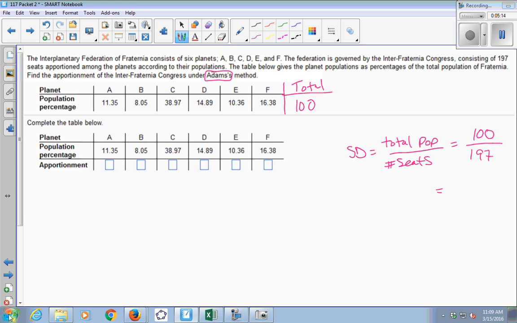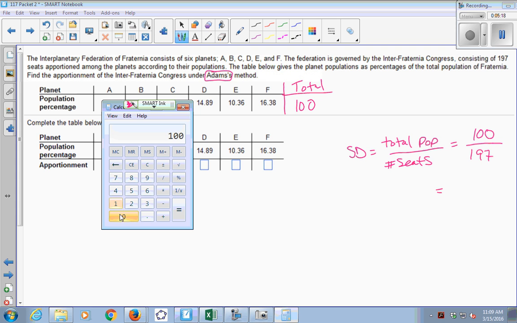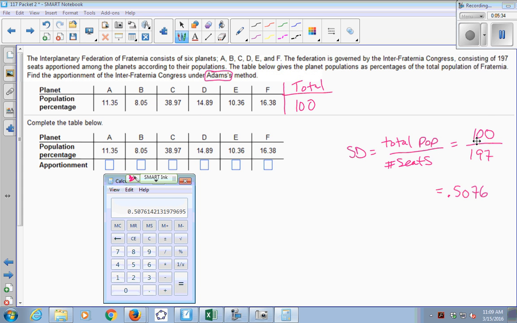So let's see what this comes out to. 100 divided by 197, and you get 0.5076. Weird standard divisor. Usually our standard divisors are numbers bigger than 1, but it's because we have such a small population here of 100 people.